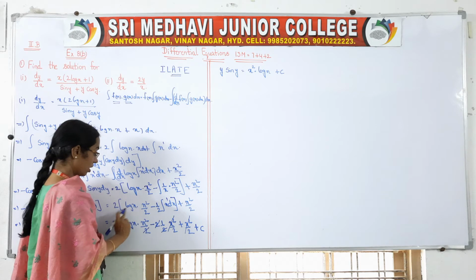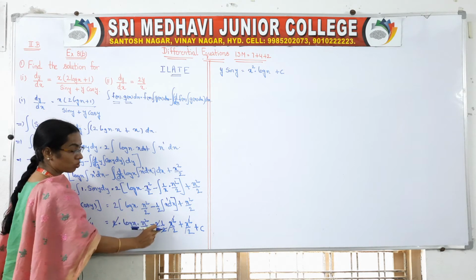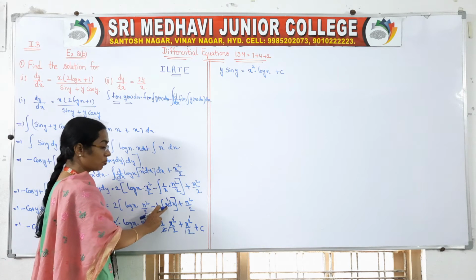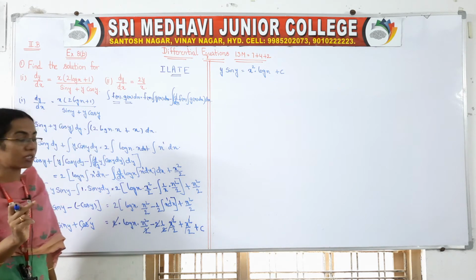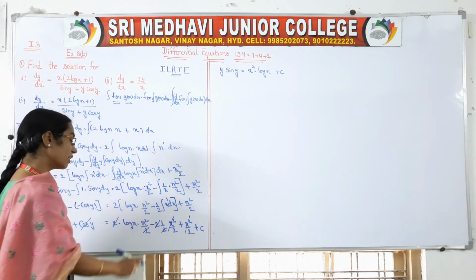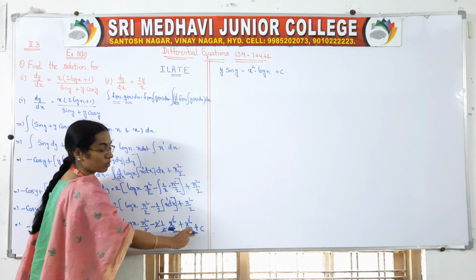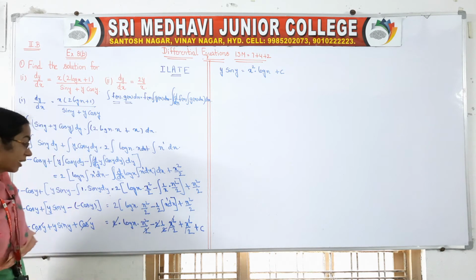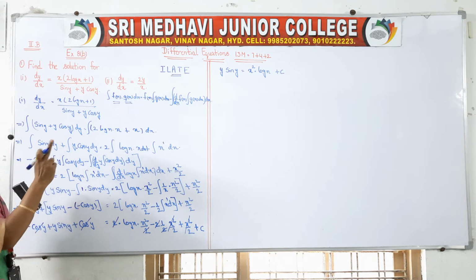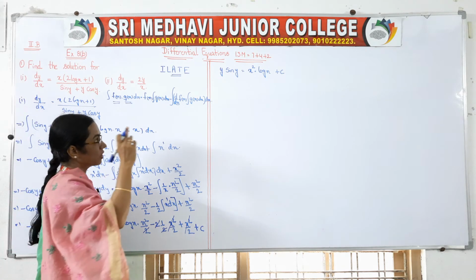Open the brackets, this 2 comes for this as well as for this, the 2s will cancel, and the formula x to the power of n is x to the power of n plus 1 by n plus 1, so x square by 2. So after cancelling 2 and 2, this is minus x square by 2, this is plus x square by 2, both will cancel, and here cos y minus cos y cancel, so you will get your answer. So that is your first question.